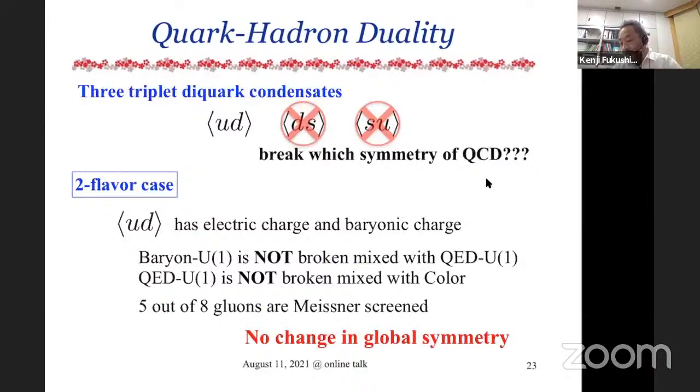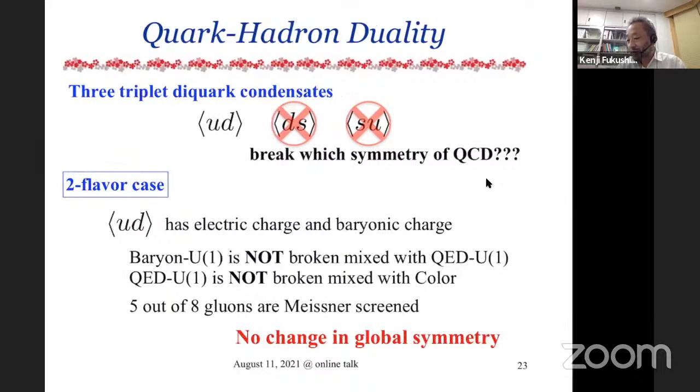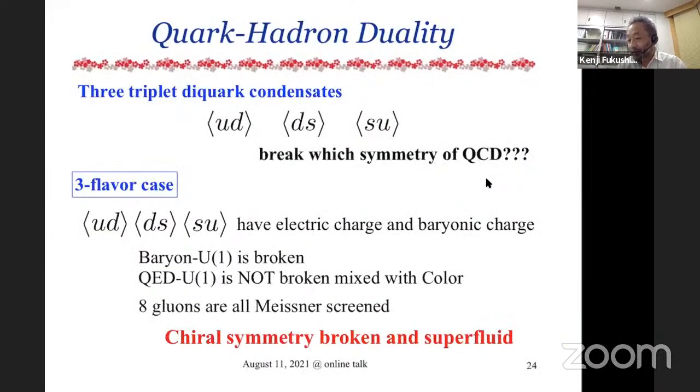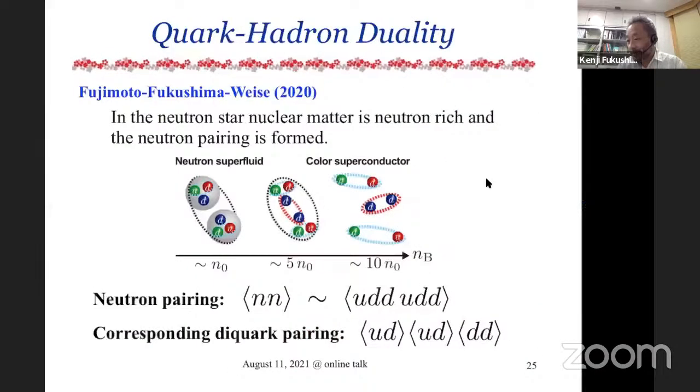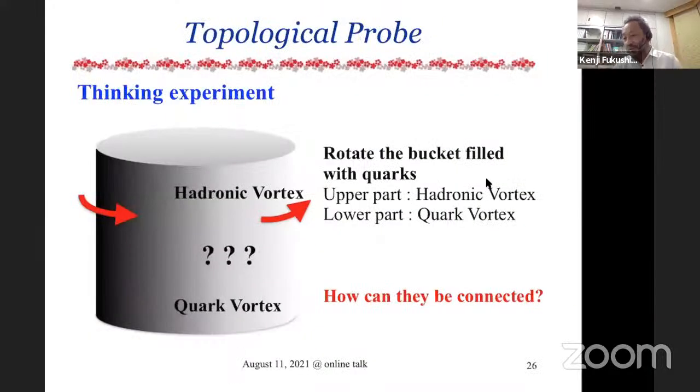Well, this is a little bit of a complicated story, but anyway, this is just what should happen inside of the neutron star.